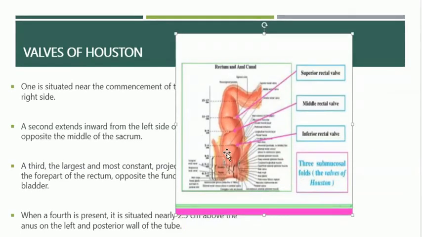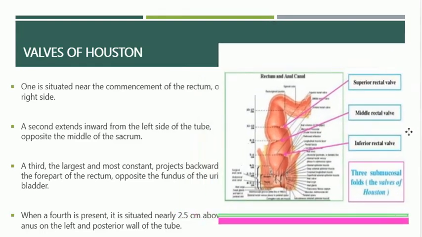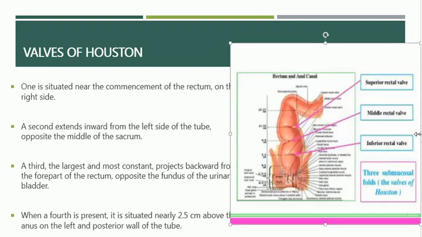One is situated near the commencement of the rectum on the right side, a second extends inwards from the left side of the tube opposite the middle of the sacrum, and a third, the largest and most constant, projects backwards from the fore part of the rectum, opposite the fundus of the urinary bladder.